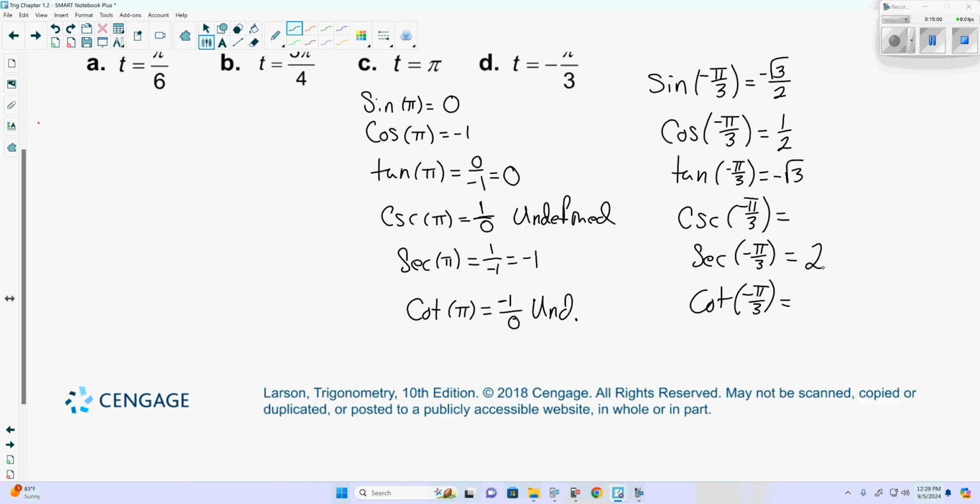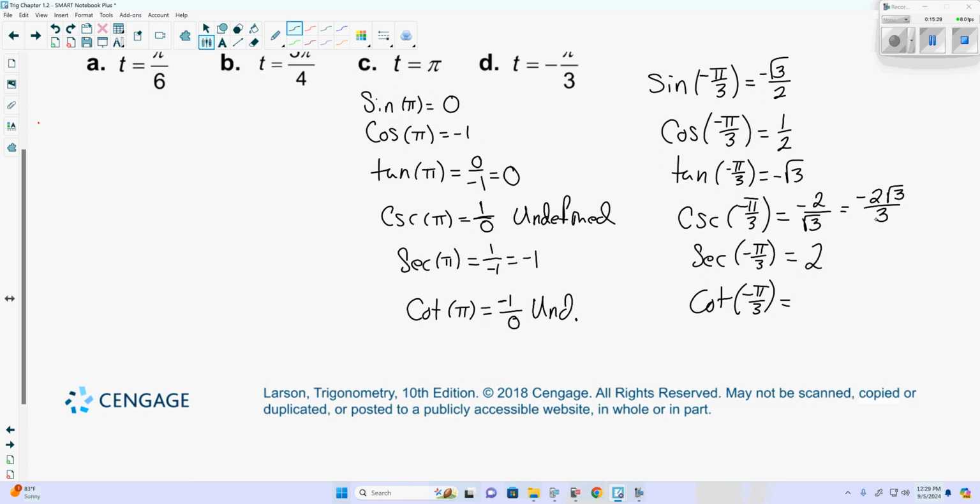Cosecant, CSC, is 1 over sine, so we would be flipping sine's value. Sine is negative square root 3 over 2. So cosecant would be negative 2 over the square root of 3. You can't leave it like that because we cannot have a radical in the bottom of a fraction, and the 30xs will simplify it to negative 2 square root of 3 over 3.